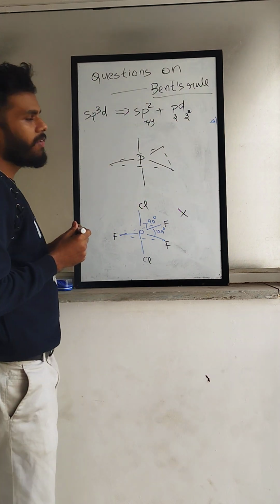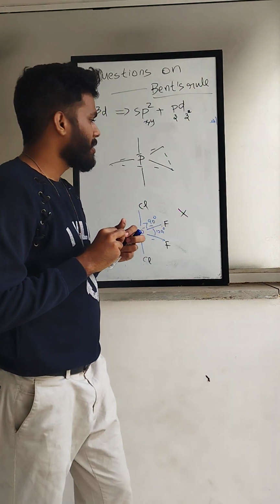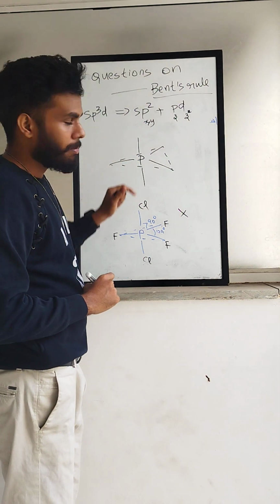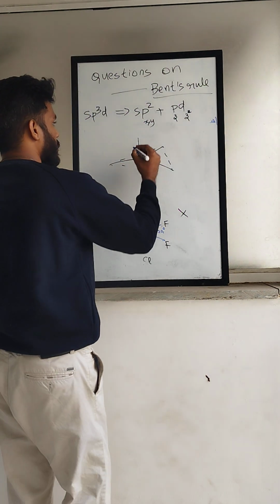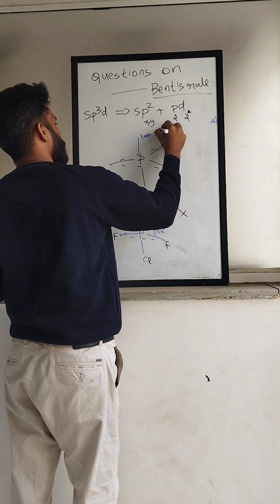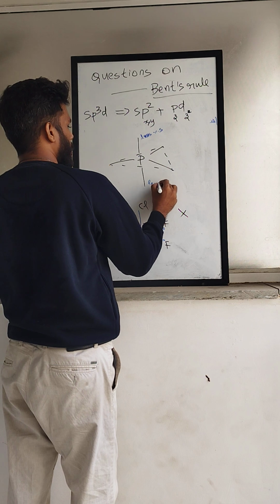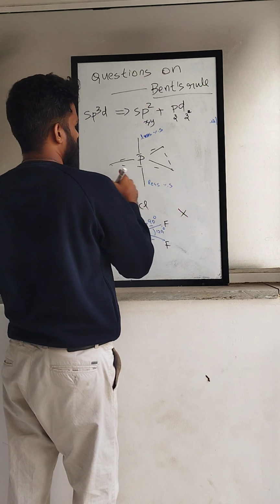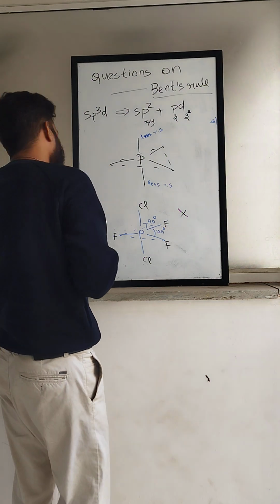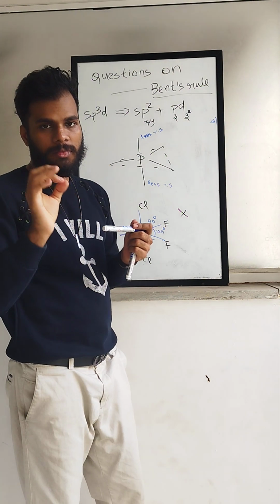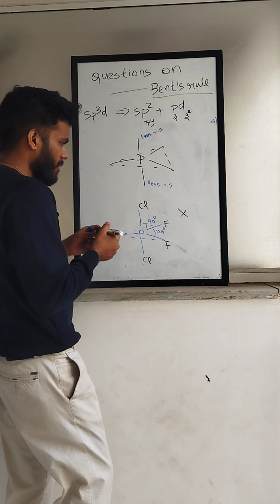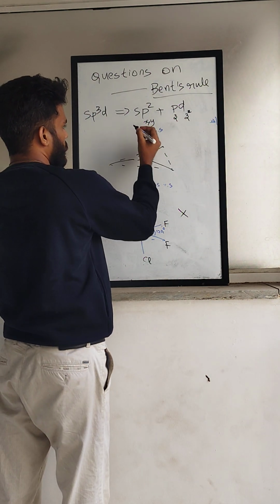In that sense, which orbitals have more percentage s character and which have less? Since these two are predominantly pz and dz square, they have less percentage s character. The percentage s character will be more on these three, correct? So where will fluorine make the bond? The preference of fluorine will always be to make a bond here first.